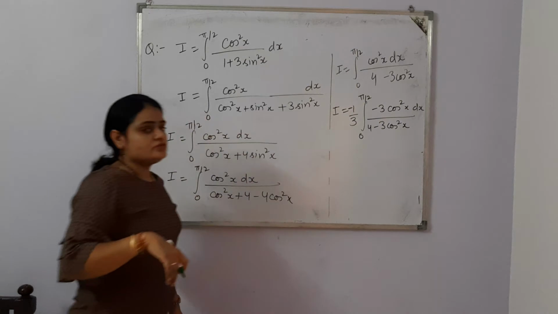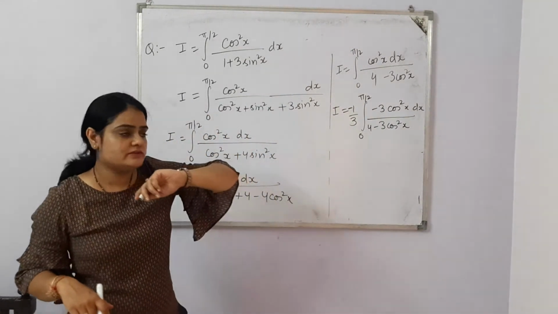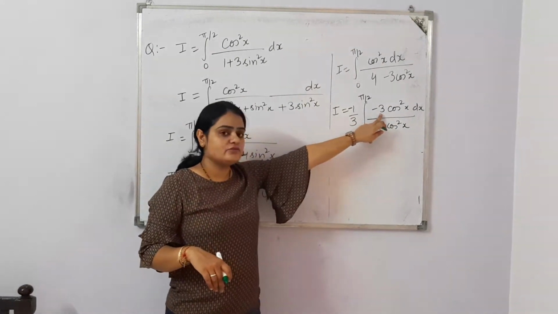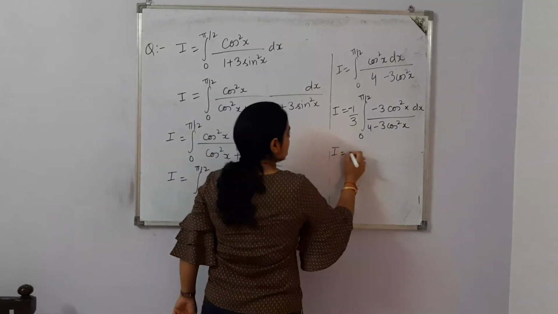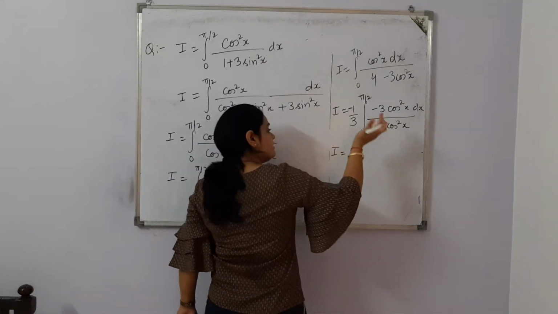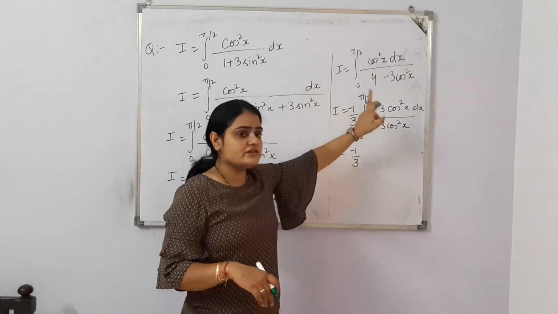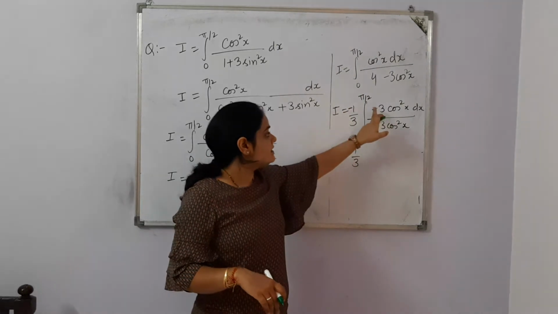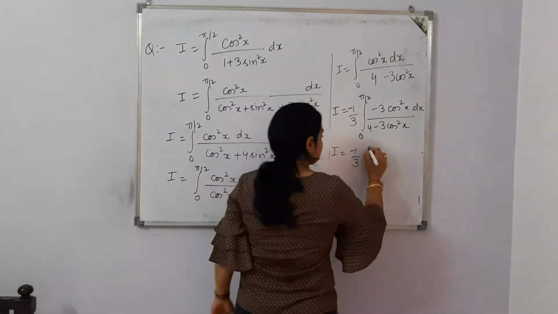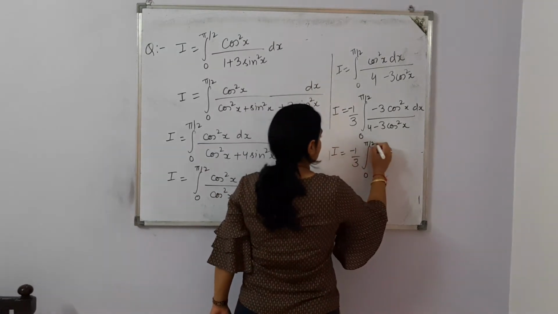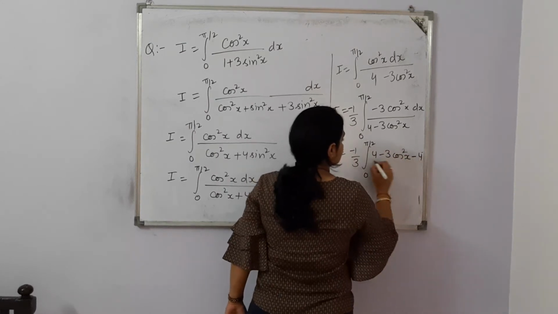To attain the equilibrium position, if I divide by minus 3, I have to multiply with minus 3, or if I multiply with minus 3, then I have to divide with minus 3 as well. So I is equal to minus 1 by 3. Here we just want to form the denominator's function in the numerator. So here it is minus 3 cos square x, 4 is missing. So we are taking 4 from our side. If we are adding 4, we need to subtract 4 as well.